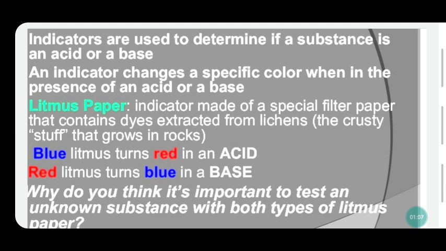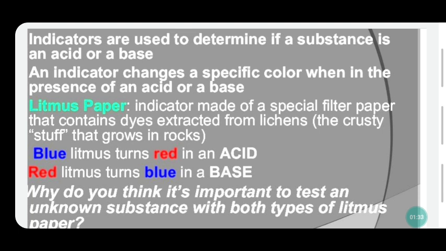Natural indicators are extracted from plants or plant products. Examples: litmus paper, available from lichens, shoe flower, turmeric solution, red cabbage juice, etc. Acids turn blue litmus paper red.